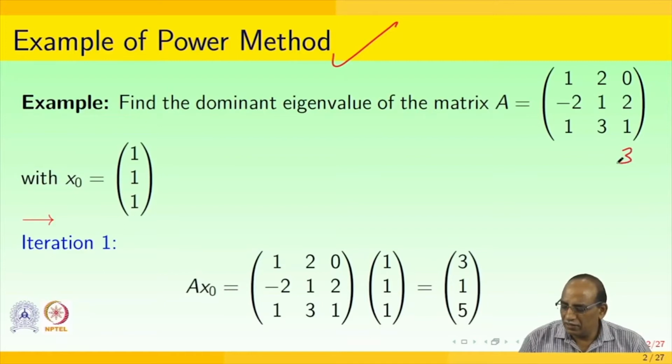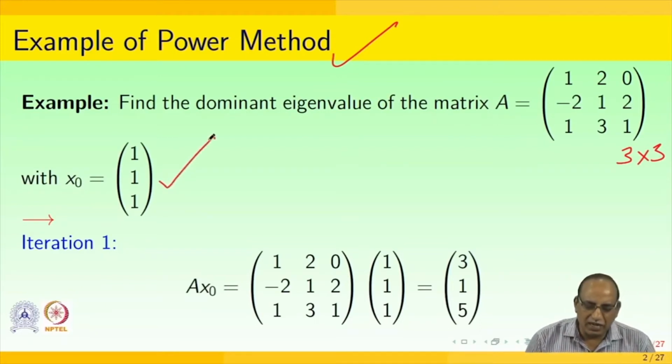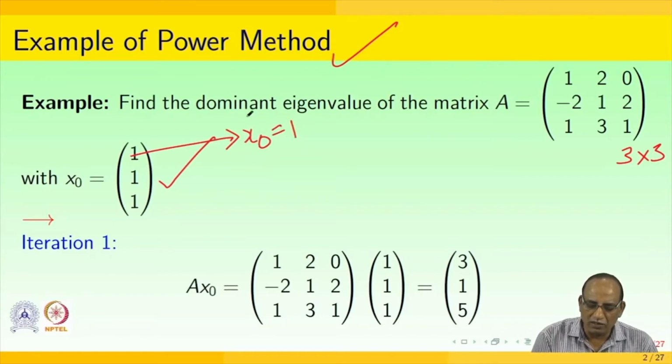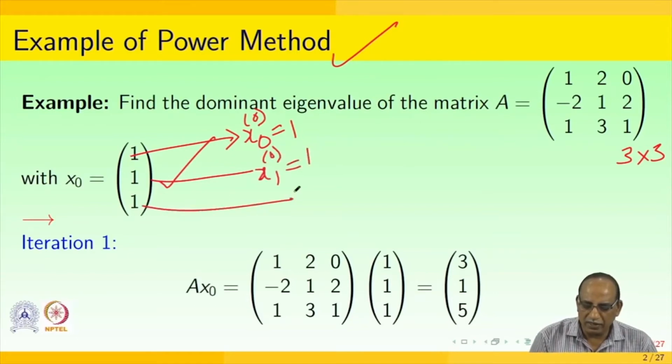Let's say this matrix has 3 rows and 3 columns: 1 2 0, minus 2 1 2, 1 3 1, and let's say the starting vector is given as x naught, with x1 of 0th iteration 1, and x2 of 0 is 1.